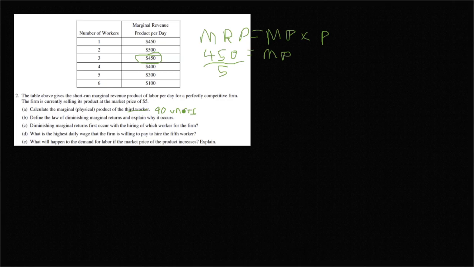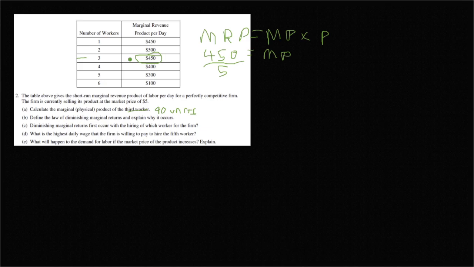Okay, so the diminishing marginal returns first occur with hiring. Let's see. We start noticing that the revenue product goes down at the start of this worker.